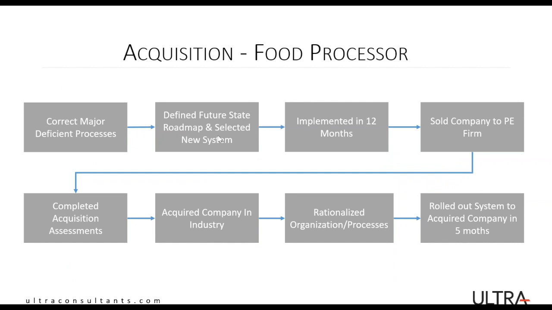We defined a future state roadmap, selected a new system, implemented that, and got the company to a reasonably good set of process maturities. That company was sold to a PE firm. And then we started working with the PE firm in terms of how to roll up additional competitors in the market to pull them together.